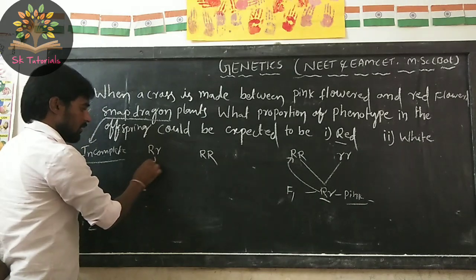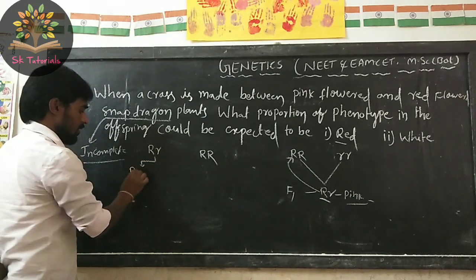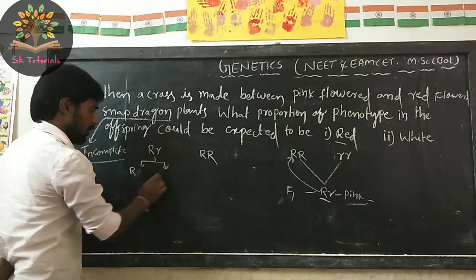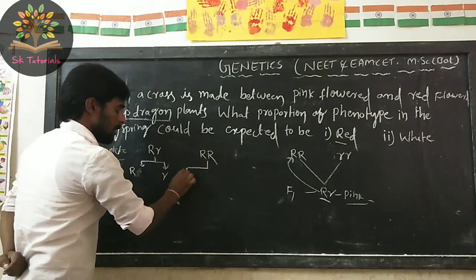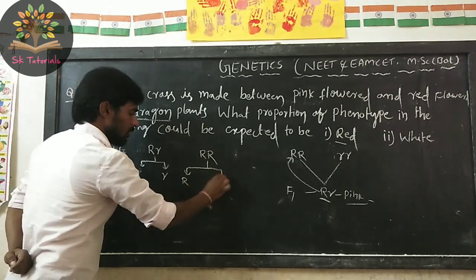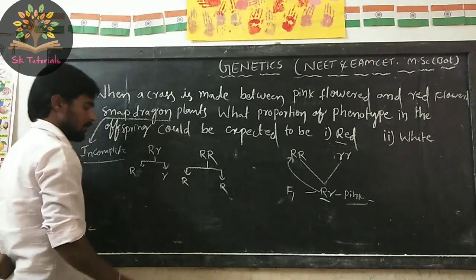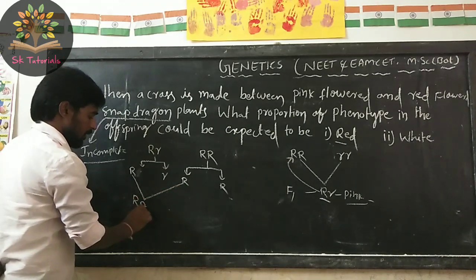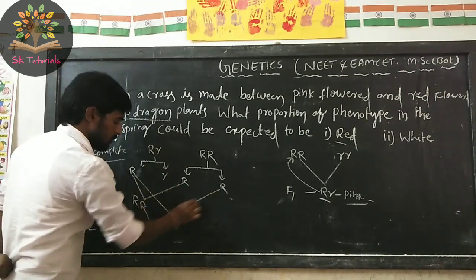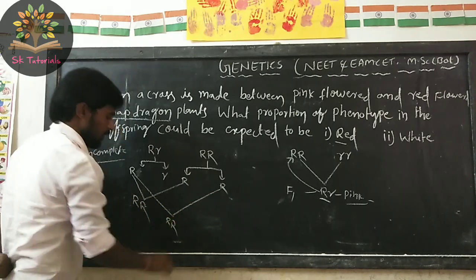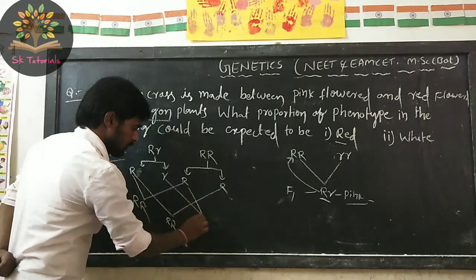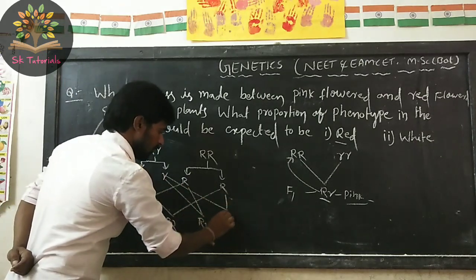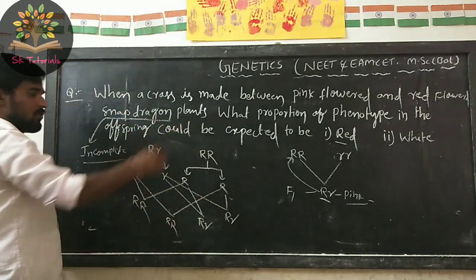Next, gametes: capital R, small r, cross capital R, capital R. The offspring are capital R, capital R, capital R, capital R, capital R, small r, capital R, small r.